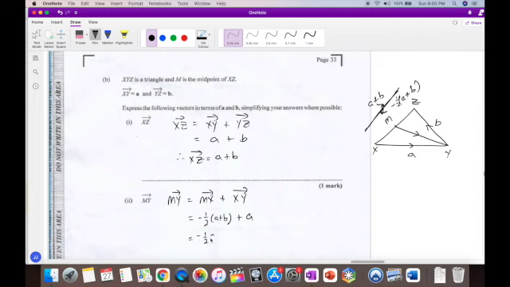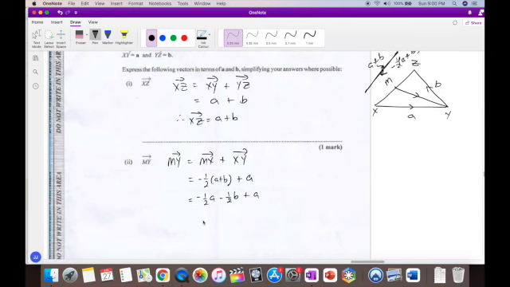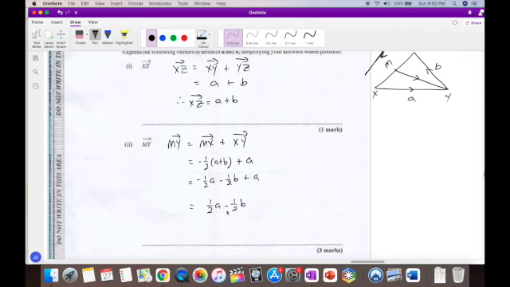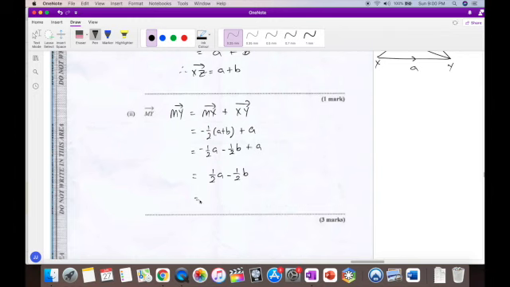Negative 1/2 A minus a half B, plus A. So what will I get? A minus 1/2 A is positive 1/2 A minus 1/2 B, and you could leave that as your answer, or if you want, you could pull the half out and factorize it as A minus B.